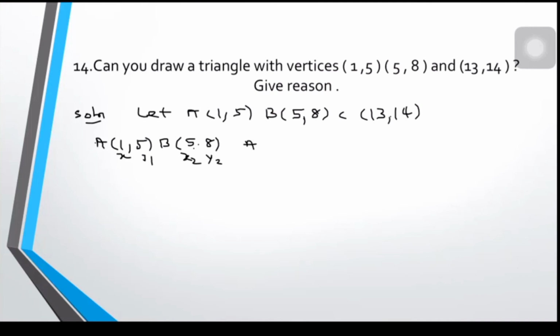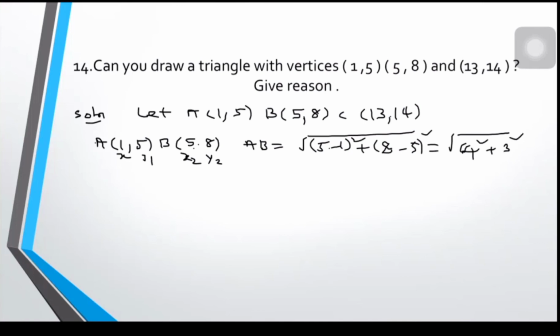AB is equal to root of (x2 minus x1) whole square plus (y2 minus y1) whole square, which is the formula. So (5 minus 1) whole square plus (8 minus 5) whole square is 4 square plus 3 square, 16 plus 9, root 25, which is equal to 5.